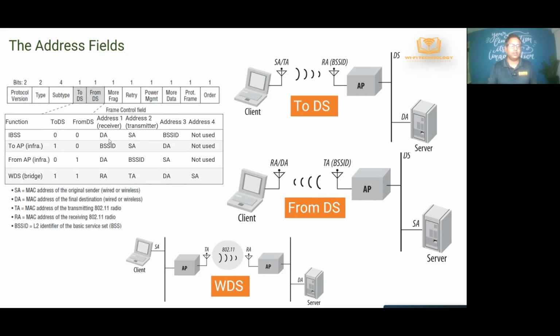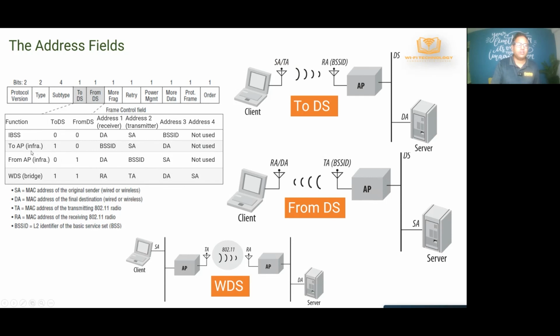So if the AP is sending a management frame to the station, then the source address is the BSSID, the destination address is the address of this phone, and then the BSSID is again the same, the BSSID of the access point. So in IBSS mode, when you have ToDS and FromDS bits set to 0, address 1 is the destination address, address 2 is the source address, address 3 is the BSSID, and address 4 is not needed, not used.